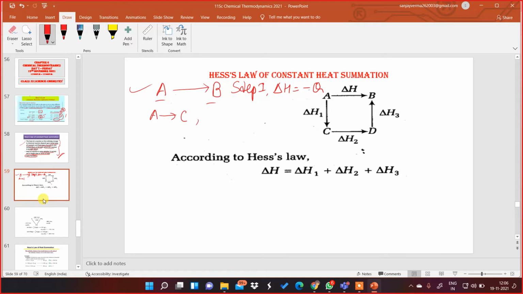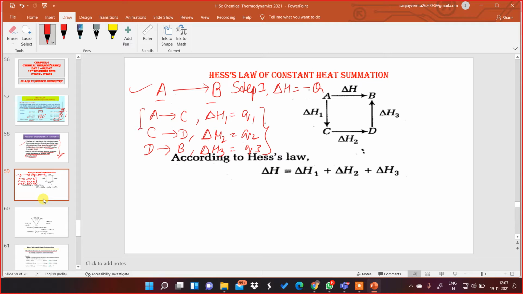Now when A is converted to C, then delta H1 you can take to be Q1, small q1. Now this C can be converted to D. So here delta H2 is assumed to be Q2, and then finally D is converted to B. So in this, delta H3 is equal to Q3.